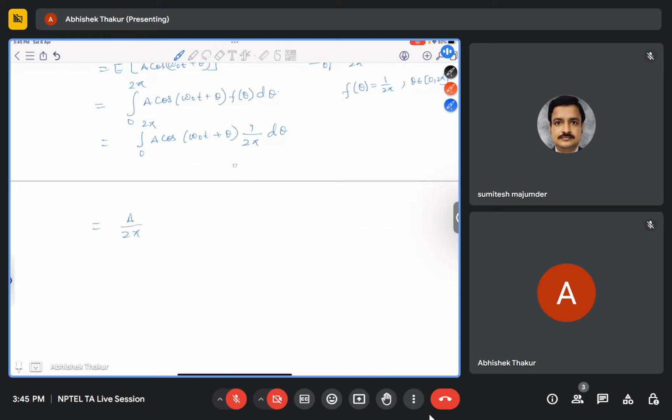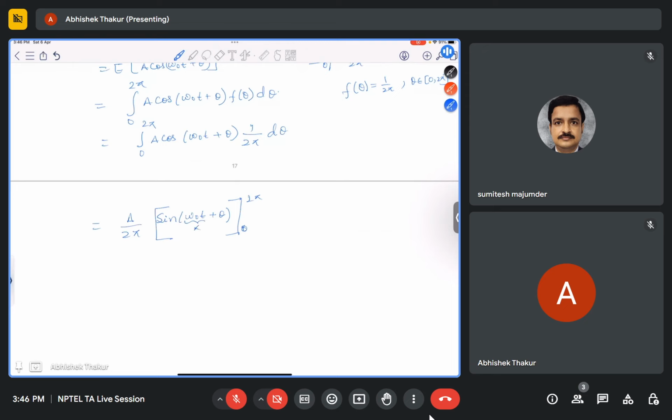Now the integration of cos(omega naught t plus theta) will be sin(omega naught t plus theta), and the value will range from 0 to 2 pi. Here omega naught t is k, a constant.